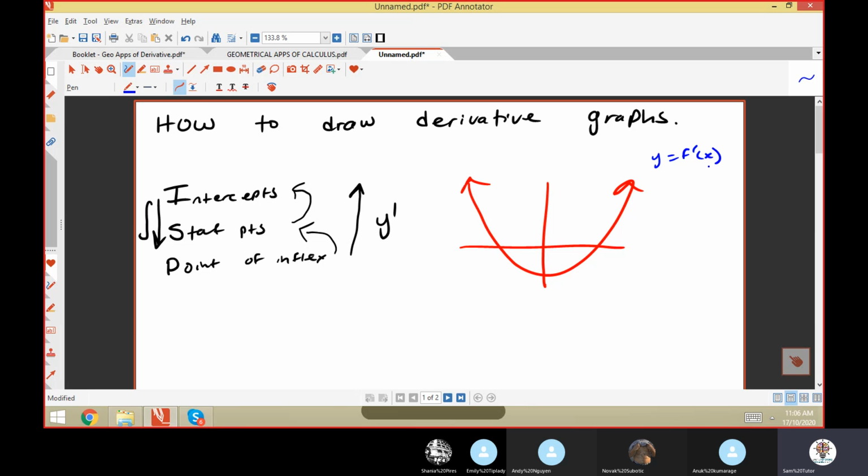We're going to draw the derivative in blue. Straight away, no. So that's nothing. There should be no stationary points. Do we have stationary points on the red graph? Yes, right at the bottom. Right here, there's a stationary point. What should that stationary point become?